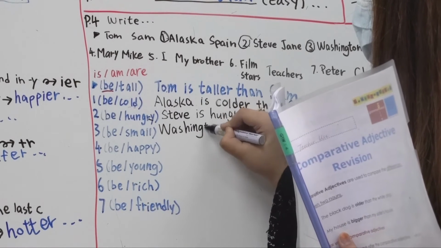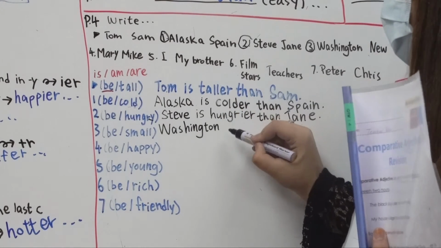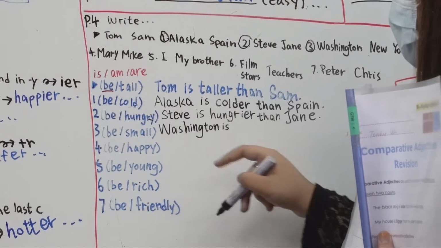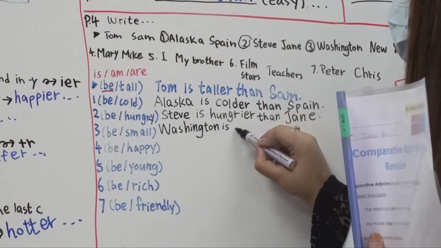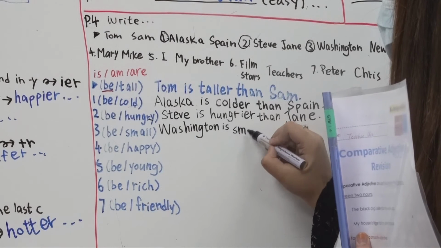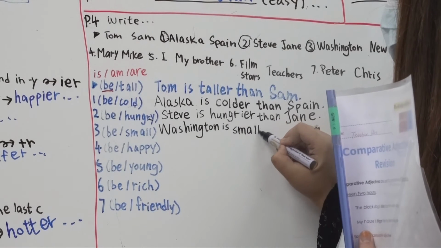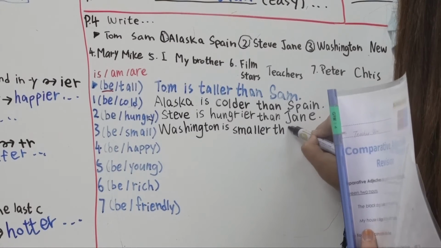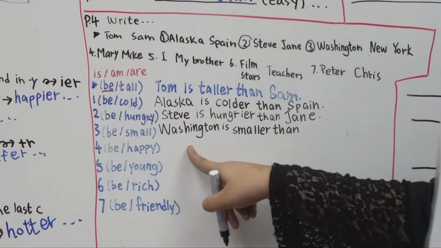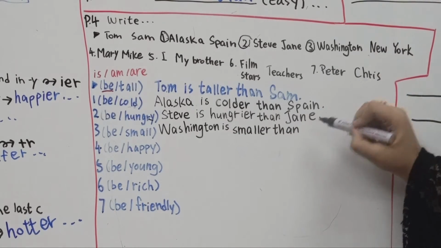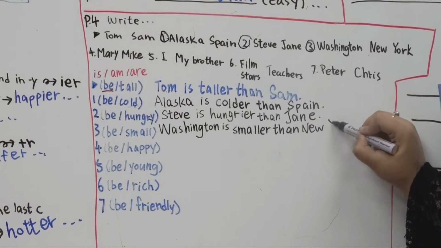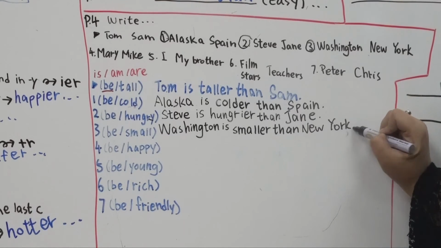For Washington, as I told you, it's a place, right? So we use is, one place, all right? And then small becomes, we have already discussed it, small becomes smaller, right? Because there's nothing special. Okay, Washington is smaller than New York.